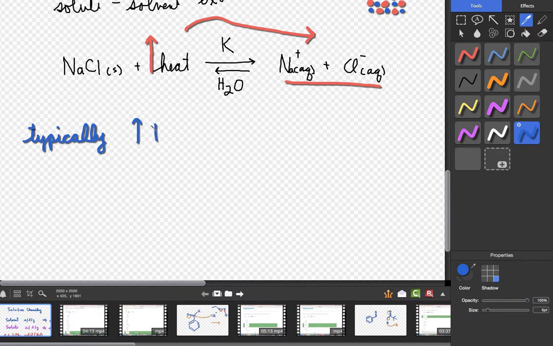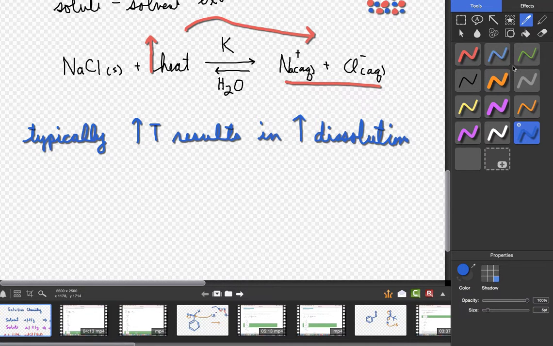Increasing the temperature results in increased dissolution. Doesn't say anything about the speed, but I'll get more solute dissolved. If I wanted NaCl to be more completely dissolved, I would simply heat the solution as I'm dissolving.